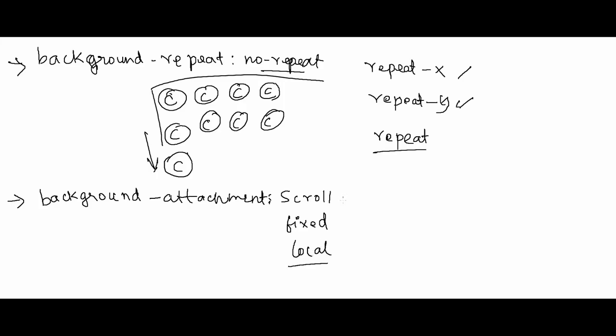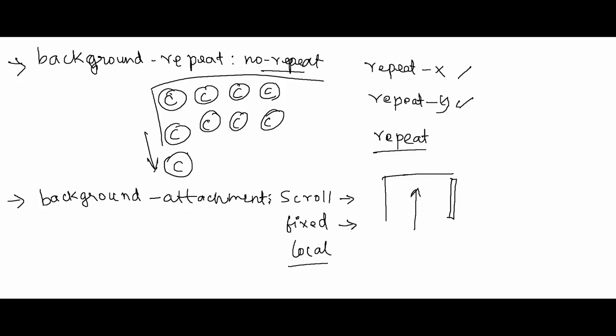We have these three options. Scroll means the image will have a scroll on the right side of the page, so while scrolling, the background image also scrolls. You just try this, then only you can understand very clearly.